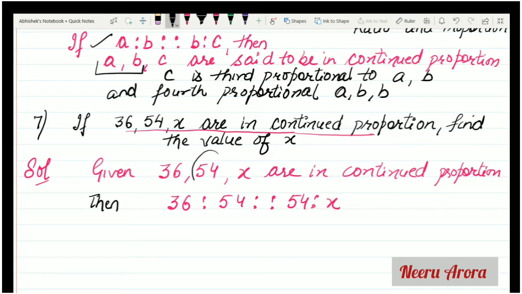So this middle term will repeat. This middle term will be the second as well as the third term.